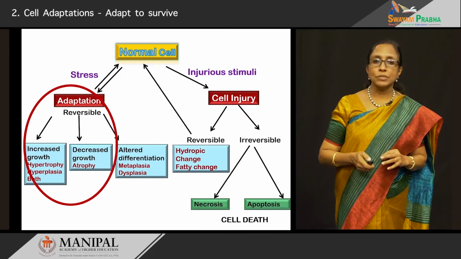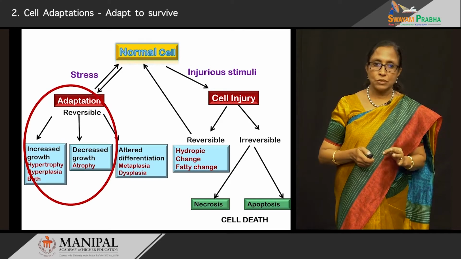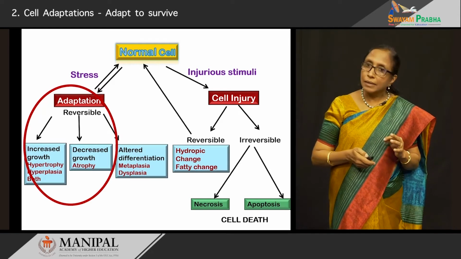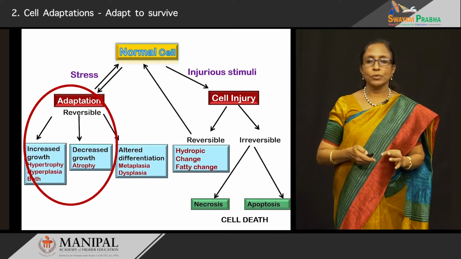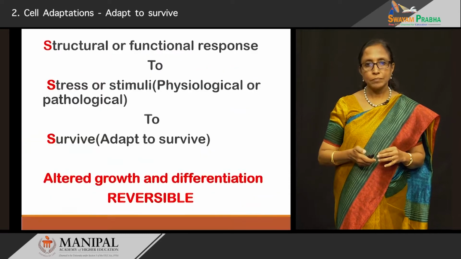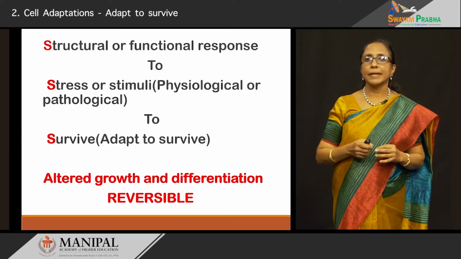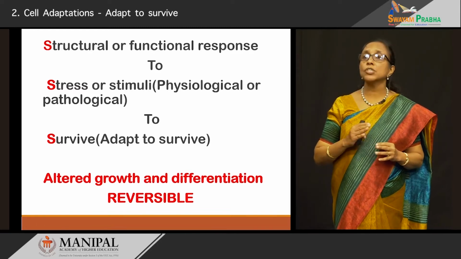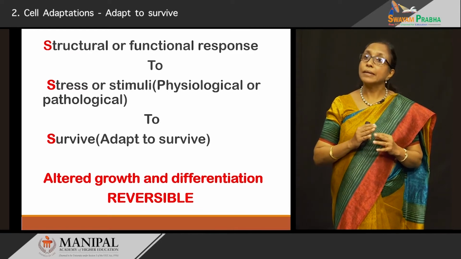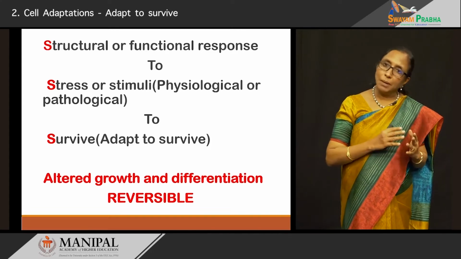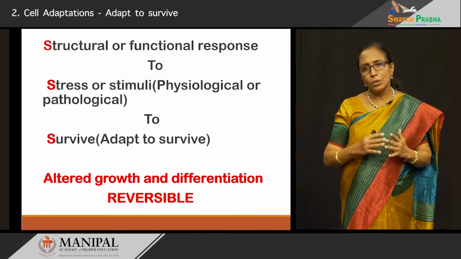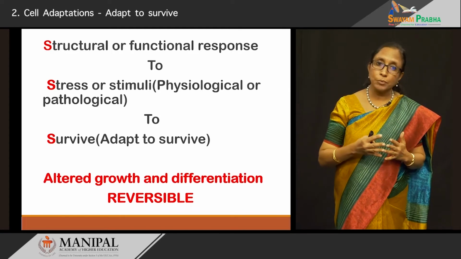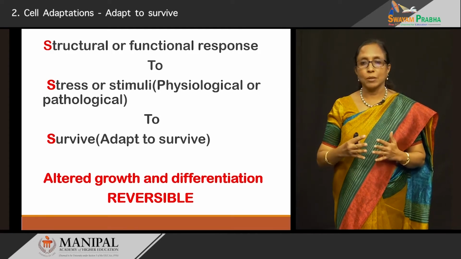Today our concentration will be on adaptations, most of which are reversible, and we will be looking at increased growth and decreased growth in their various forms. Now, what is adaptation? It is a structural or a functional response to any stress. It can be increased demand or workload, some hormonal change, a physiological process or a pathological process.